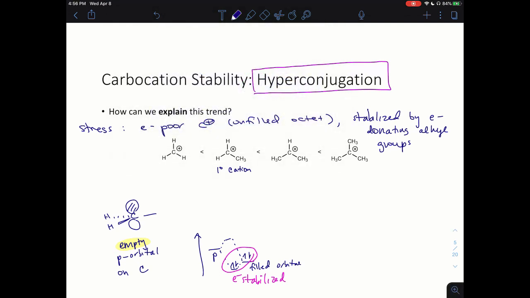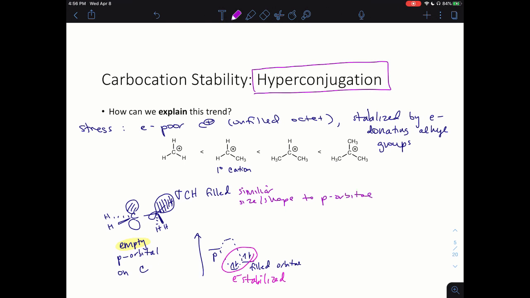It turns out they can overlap with a sigma CH or a sigma CC. So I'm just going to draw a sigma CH orbital. It's filled, and it is similar in size and shape to the p orbital.